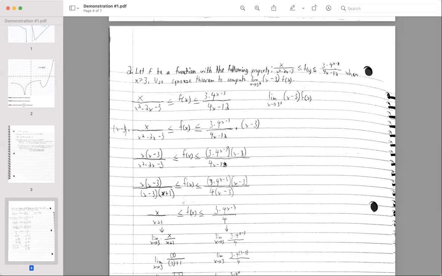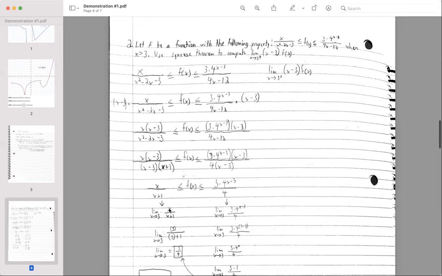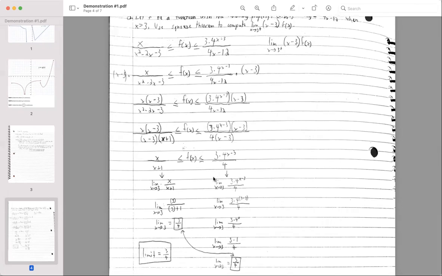And so now we have x minus 3 on the denominator of both sides of this. And now you can cross them off right here on the top and the bottom, and then do the same on this side. And after doing that, that should leave you with x over x plus 1 is less than or equal to f of x, which is less than or equal to 3 times 4 to the x minus 3 all over 4.